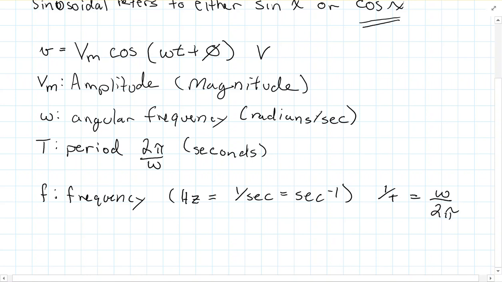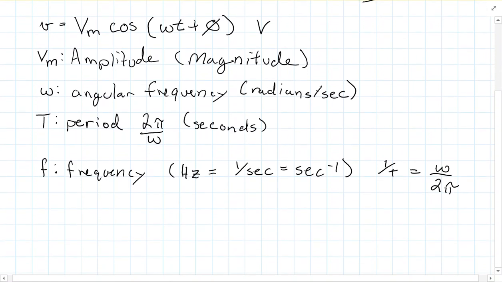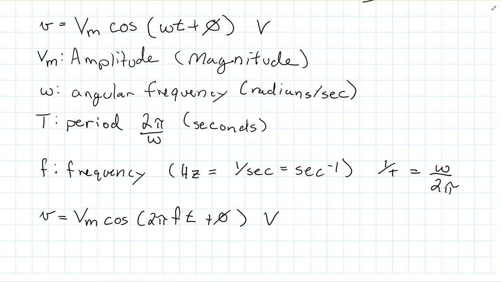In some textbooks, you will also see this written slightly differently. Sometimes they write it as V equals Vm cosine of 2 pi f t plus phi, in volts, because they want to isolate the frequency in hertz in the equation.